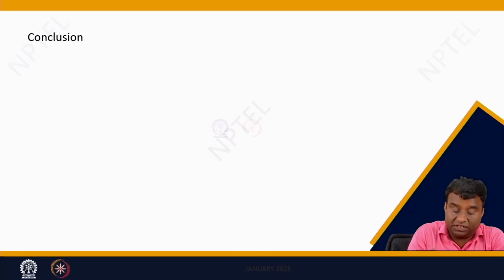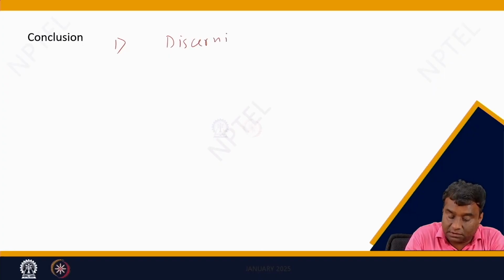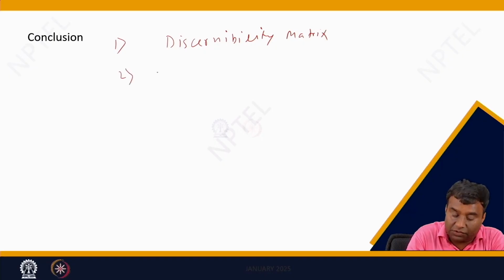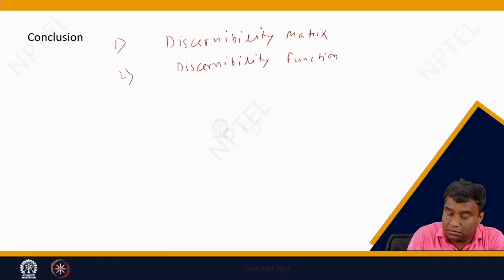So, conclusion: I hope in this class you have understood what the discernibility matrix is, you have understood discernibility functions, you have understood the reduct, you have understood the core.